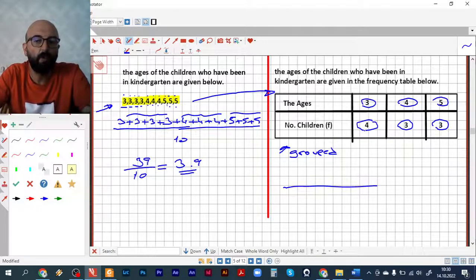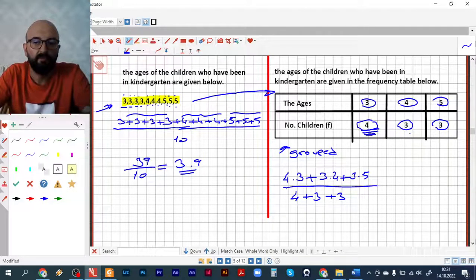We have 4 children aged 3, so the sum of their ages is 4 multiplied by 3, plus 3 children aged 4, so 3 multiplied by 4, plus 3 children aged 5, so 3 multiplied by 5.